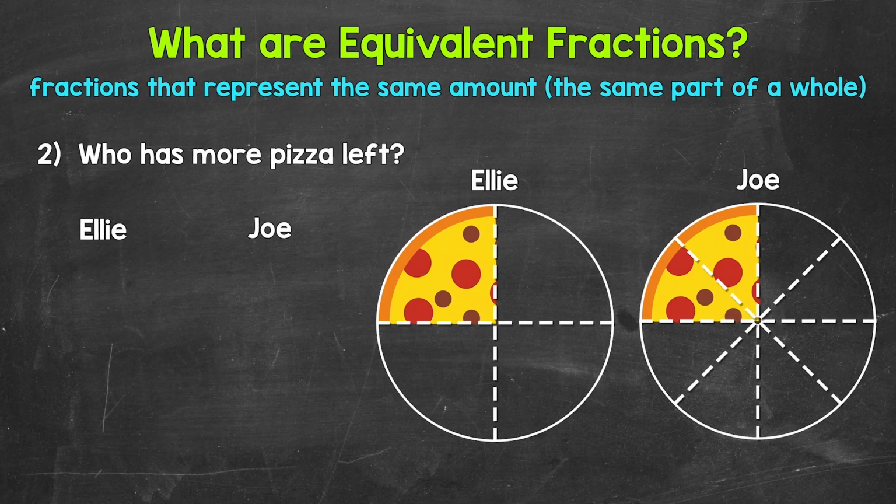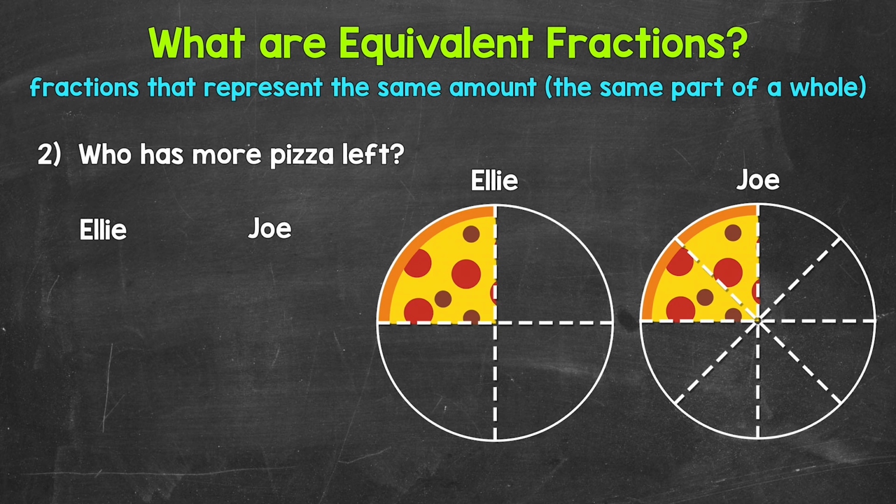Taking a look at number 2, we have 2 pizzas. We have Ellie's pizza and Joe's pizza. Who has more pizza left, Ellie or Joe? Taking a look at the pictures, we can see that Ellie and Joe both started with the same sized pizza. And we can also tell that they have the same amount of pizza left.